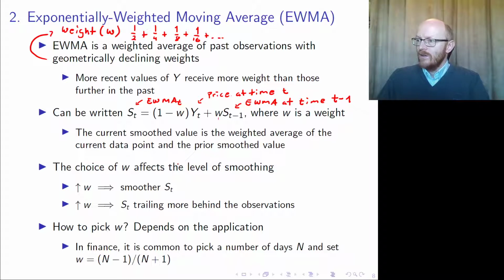So this means the current smooth value today is the weighted average of the current data point and the prior smooth value.